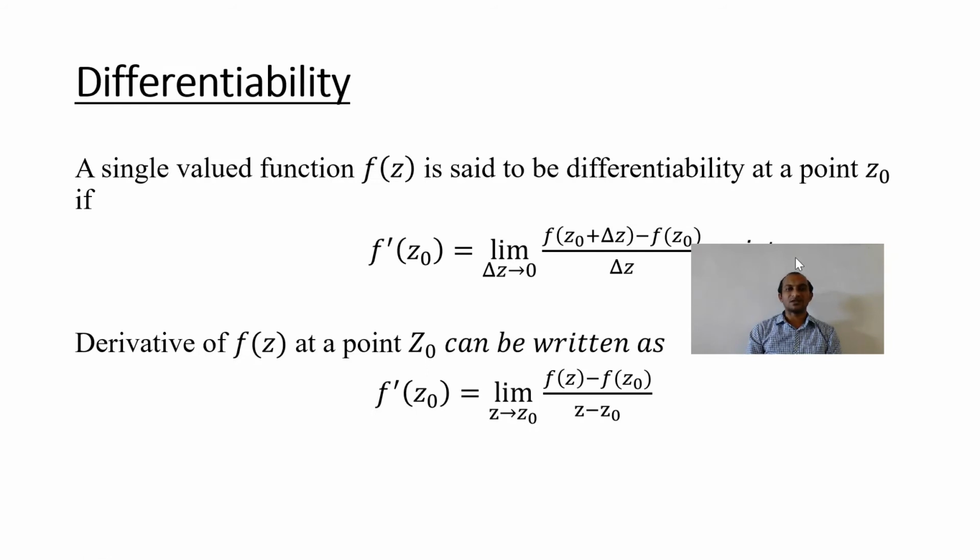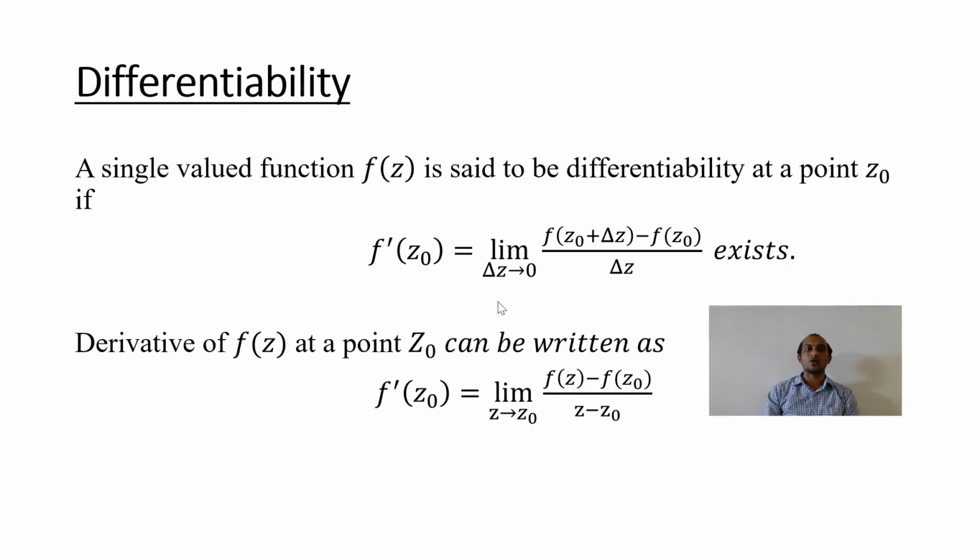Now next, and very important for complex analysis, differentiability. So how to define differentiability in the complex? It's similar to real analysis. A single valued function f of z is said to be differentiable at a point z0 if f dash z0 equals limit delta z tends to 0, where delta z is the difference between the two points z and z0, of f of z0 plus delta z minus f of z0 upon delta z exists.